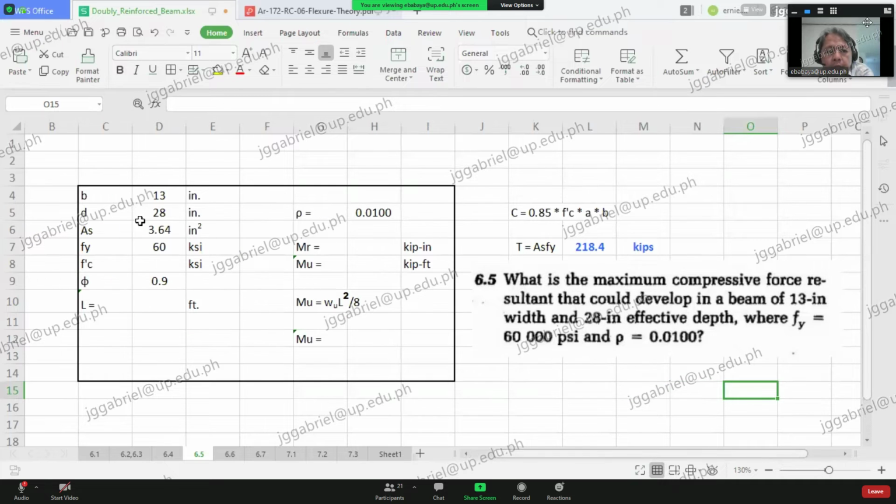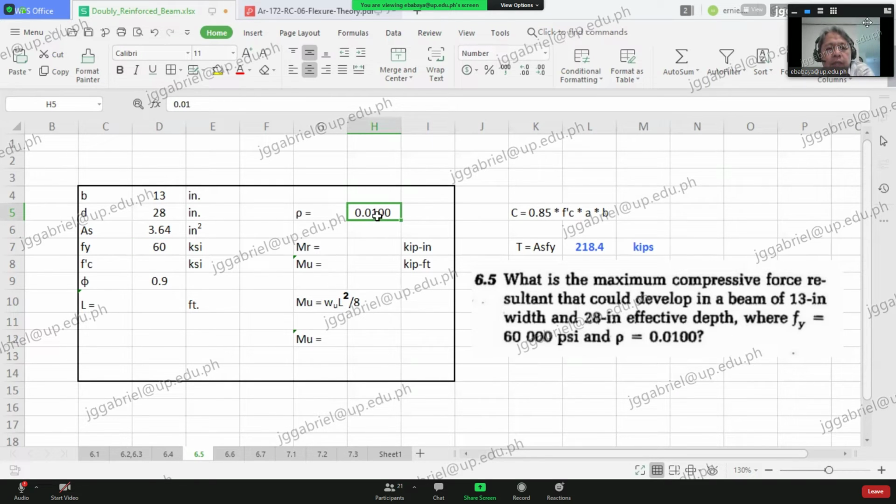So you're given B, the width is 13 inches, the effective depth is 28 inches, and then Fy is 60 ksi. Okay. The rho is also given. Rho is 0.0100.